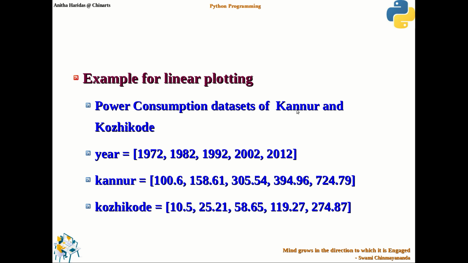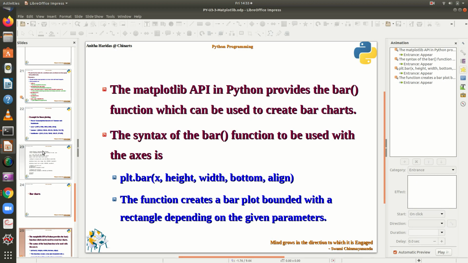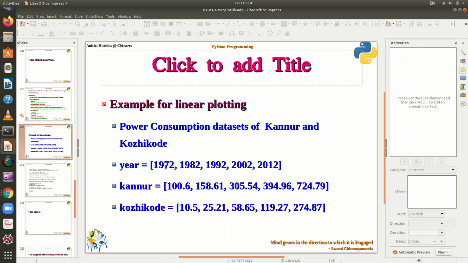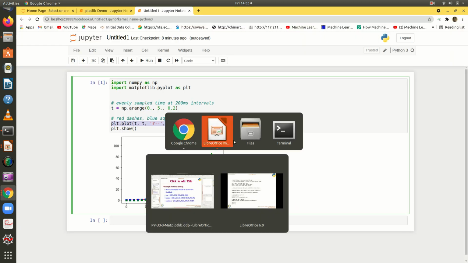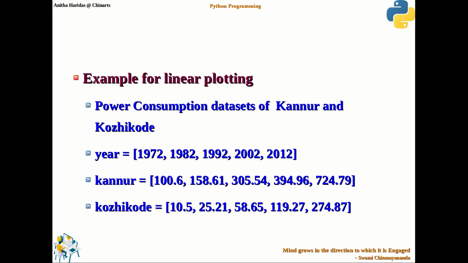I am going to take it as house 1 and house 2. Please change it in the notes. Later I will be changing it in my slide itself. Change it in your notes, it is not Kannur and Kozhikode, it is house 1 and house 2.